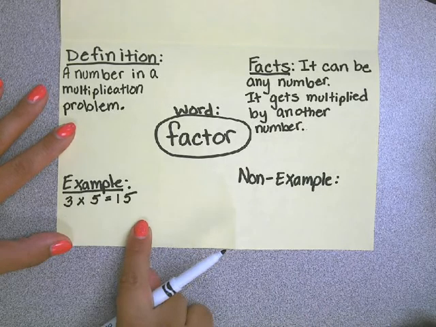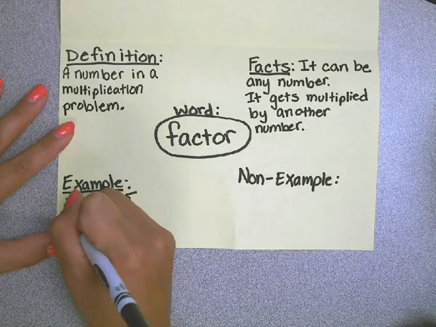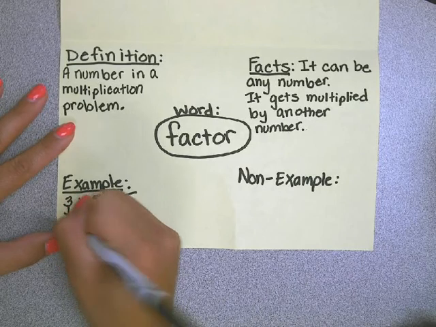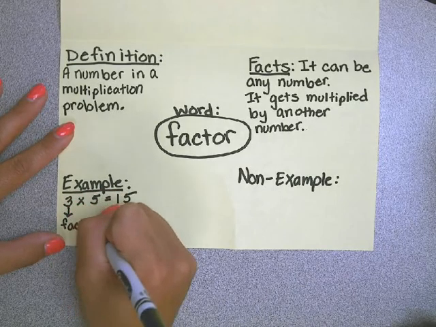Which numbers, Dewey, are you with us? Which numbers are factors? Parker? 3 and 5. Good. So I want you to draw a little arrow and label those as a factor.